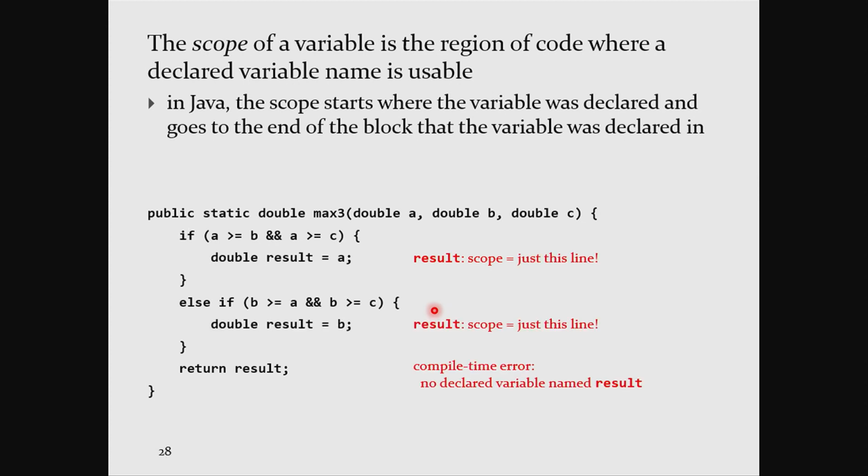What I can't do is this. Well, I can do this, but the compiler is going to complain. You might be tempted to write something like this. You're going to say, well, I don't need result until I actually know what the result is. So if A is greater than or equal to B and A is greater than or equal to C, I'm going to say the result is A. What you have to remember is the scope of result starts where it was first declared.